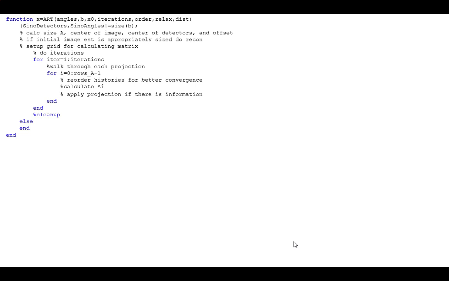What that tells you is they sent us the wrong sinogram, or they sent us the wrong initial estimate, because either way there is an implied size of the image we're going to reconstruct from the sinogram, and from the x0.